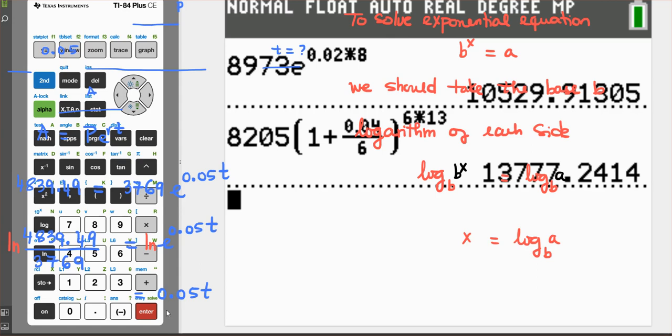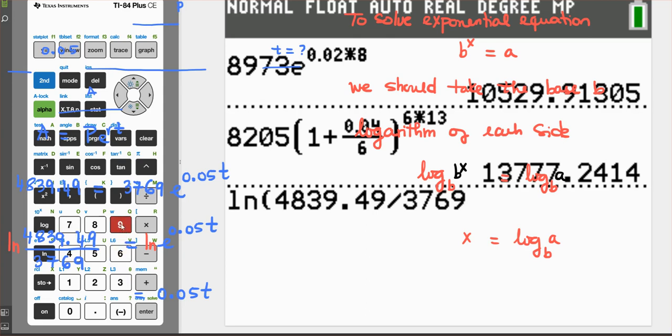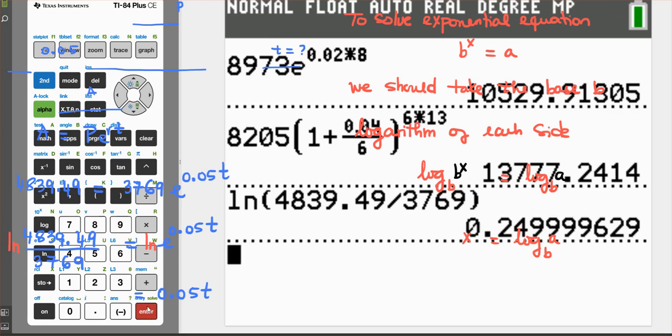So I'm going to go ahead and put ln, and then I'm going to put 4,839.49 divided by 3,769 and hit enter.